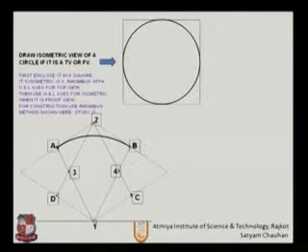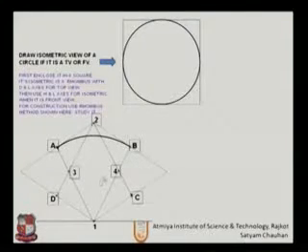Now from point 1, draw an arc from A, with radius equal to A1, up to B. So this is our first step. It will be 1/4 of that circle. So draw once again from point 1, radius equal to A1, an arc from point A to point B.